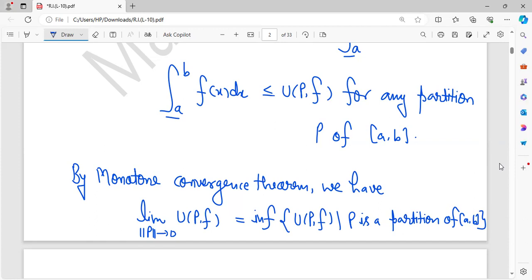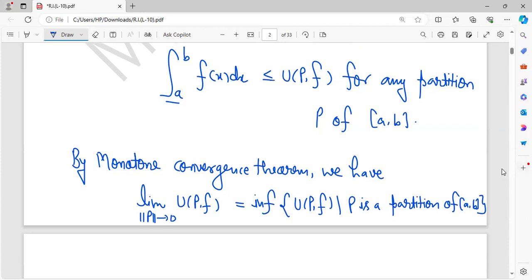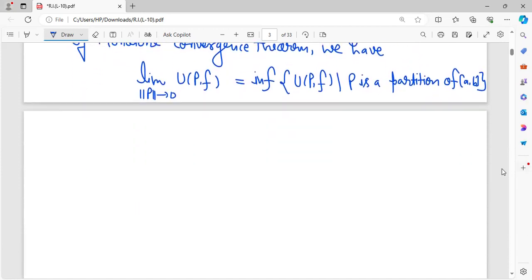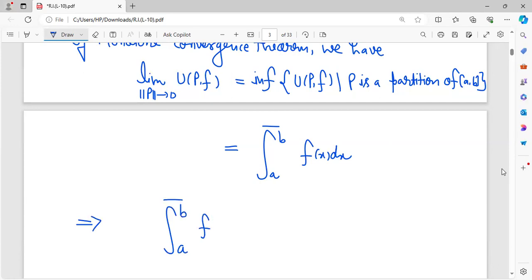But this is nothing but the upper integral. So this implies the upper integral from a to b of f(x) dx is equal to the limit as norm of P tends to 0 of U(P, f). So we have proved it.